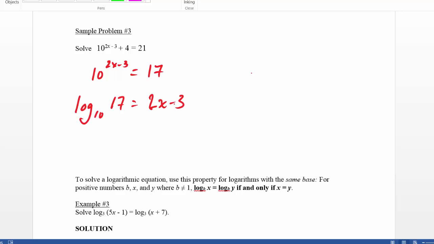Now from here, if you want to do all this in your calculator at one time, you can, or you can put log 1017 and change it to a numerical value first. Either way works. I'm going to show you the algebraic way here.